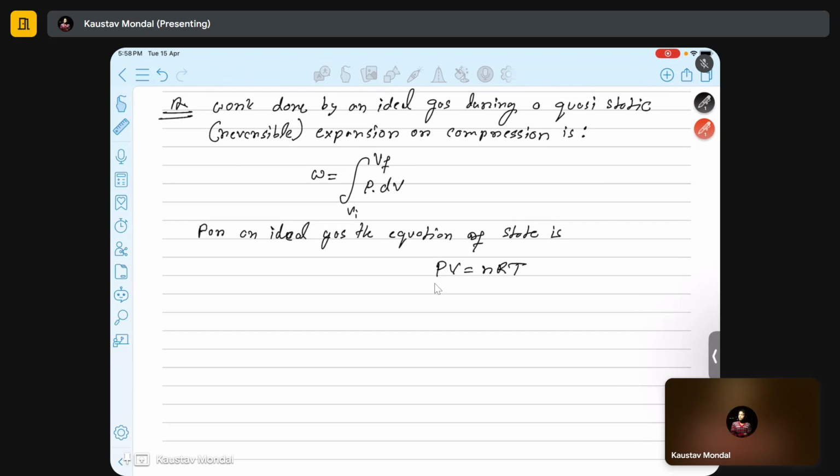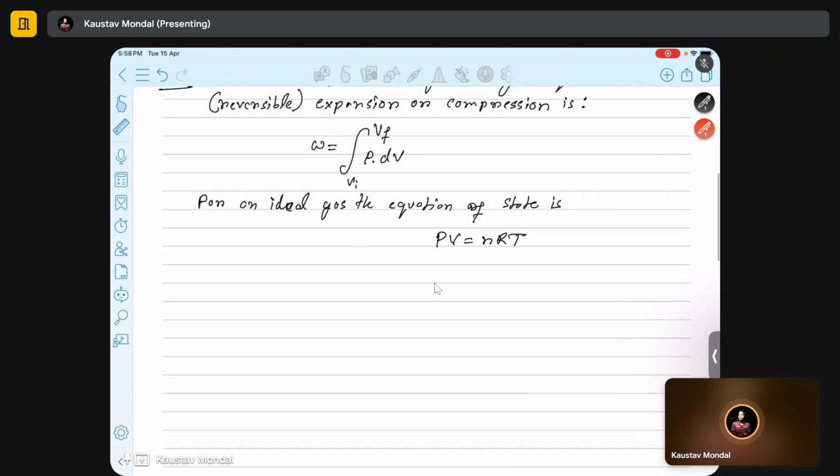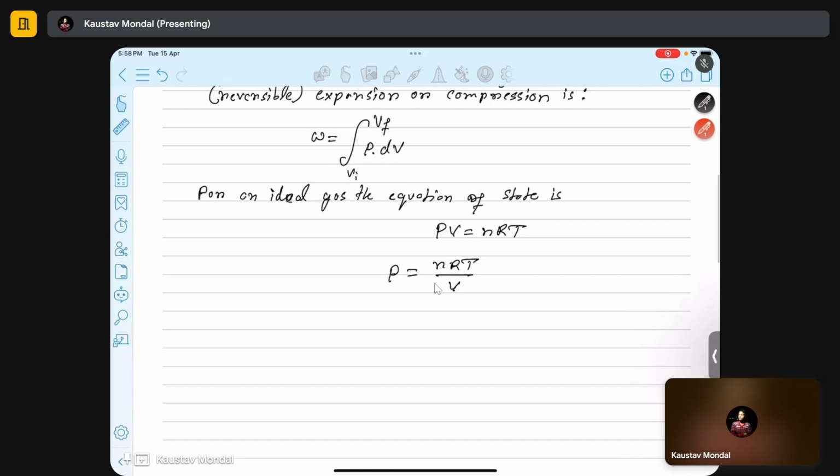So for an ideal gas, this is the equation of state, PV equal to nRT. Now from here, the pressure would be P equal to nRT by V. You already know it; that is coming from this equation of state.